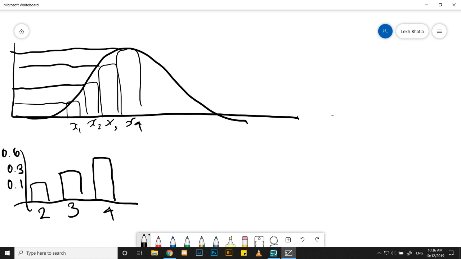So the way we would think about that is 0.6 of the time we have a 4, 0.3 of the time we have a 3, 0.1 of the time we have a 2. So that basically means 60% we have 4, 30% we have 3, 10% we have 2. Wow, that's a bad 10.